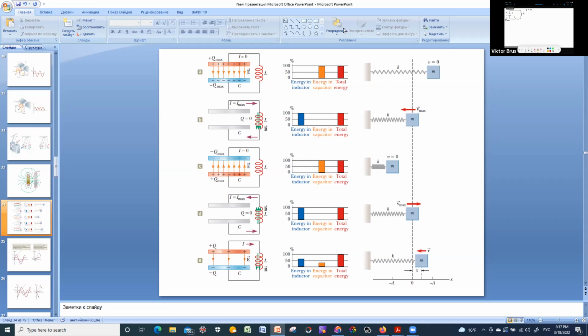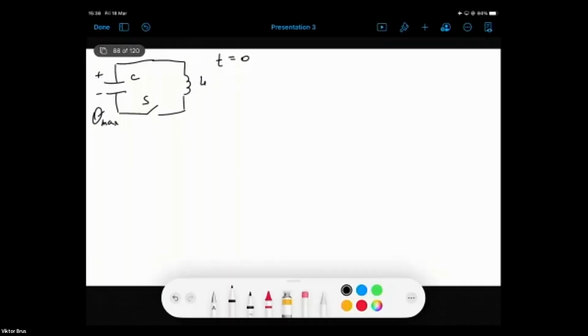So if we come back to our slides, we can write that the total energy is equal to the energy accumulated in a capacitor plus the energy accumulated in the inductor, which will be equal to Q squared divided by 2C.